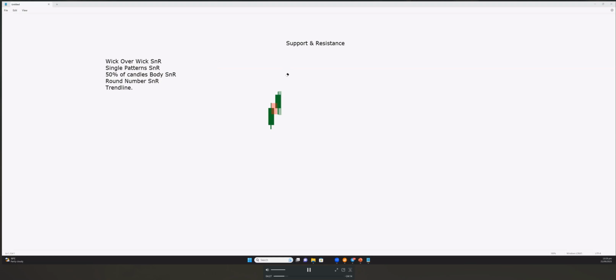Now what can we do? We will mark this completely, and this is a support. This whole area is a support, and this is the strong part of the support. Previously there is a support, we can count it as completely a support, but that is a strong part of the support.